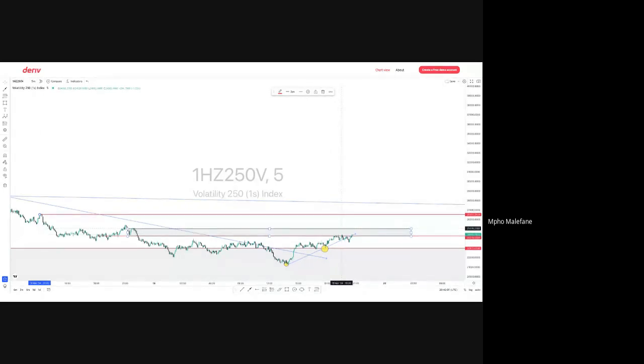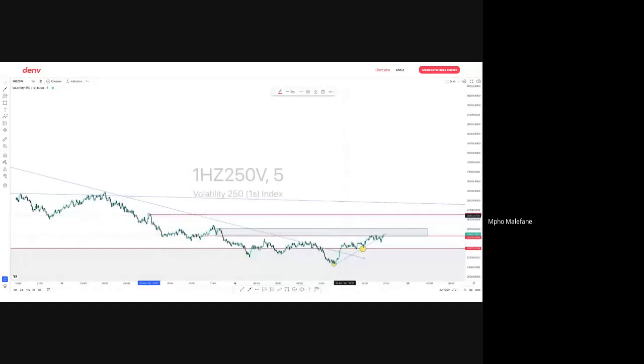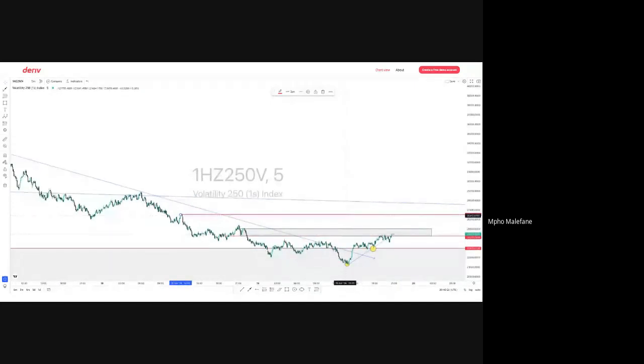So concerning the validation of the uptrend now, let us use our breakout strategy. Definitely, there are chances that the price of the market is coming here before it starts selling. We just have to wait.